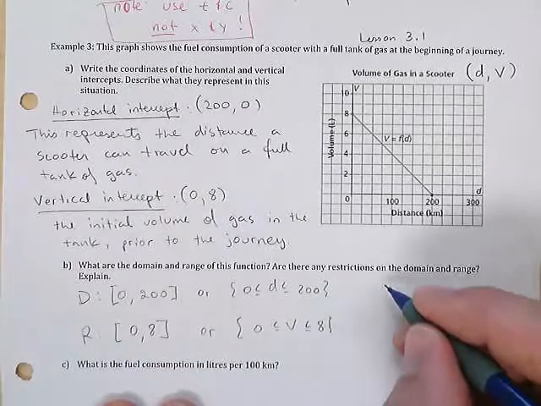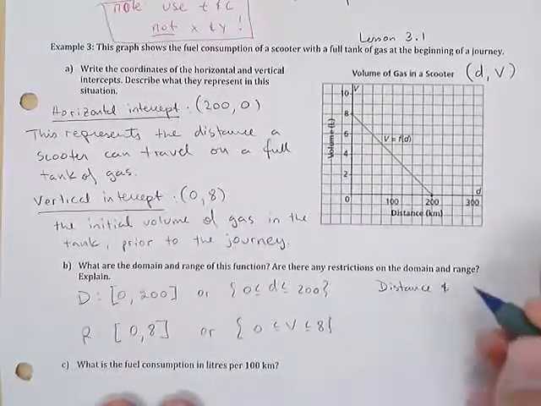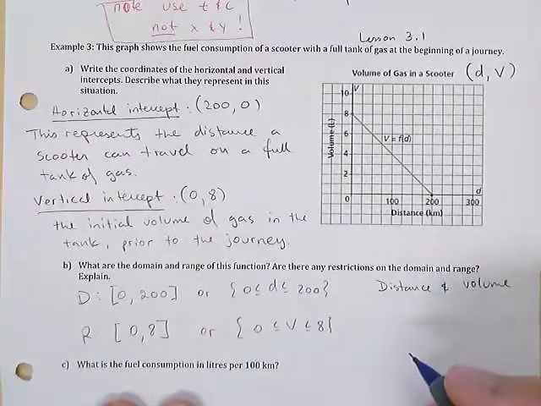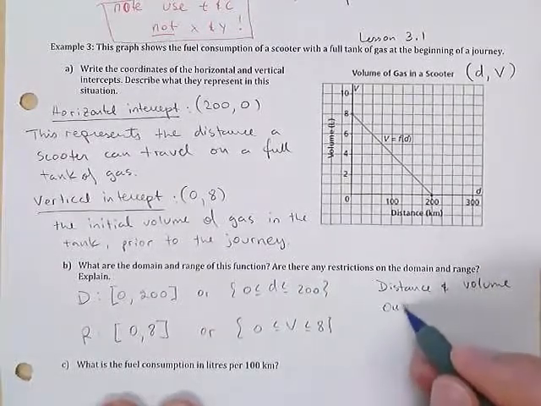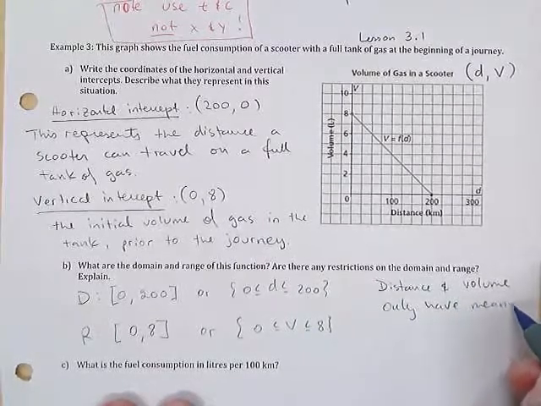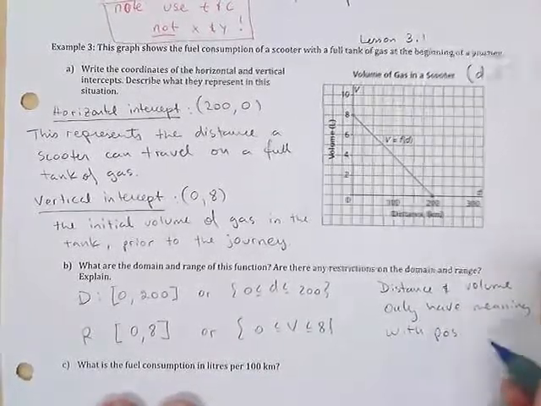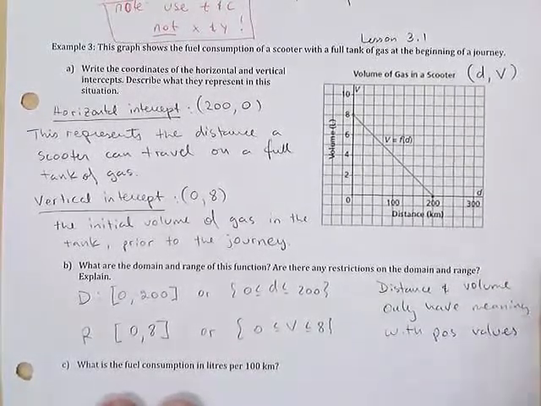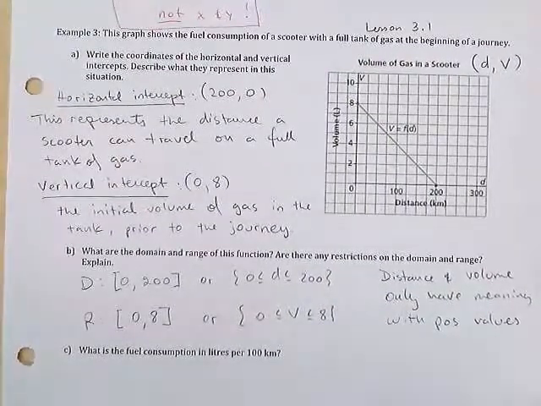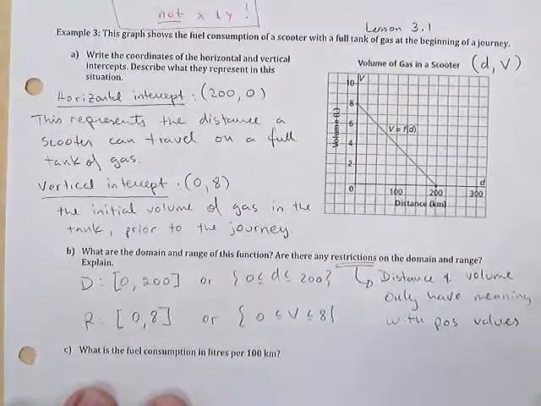But also, distance and volume only have meaning with positive values. Okay, a negative distance would also not make sense, right? So that's the restriction. Restriction here is talking about that.